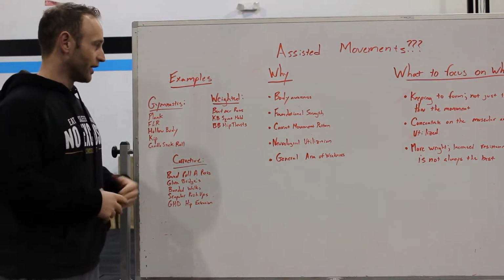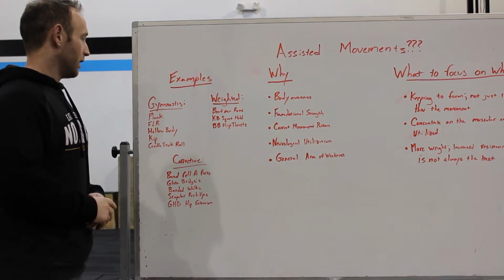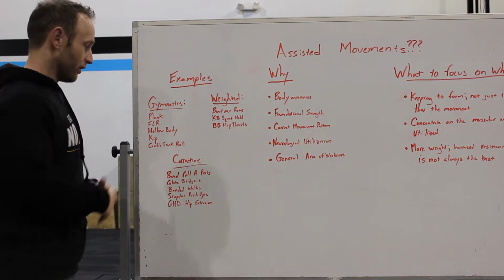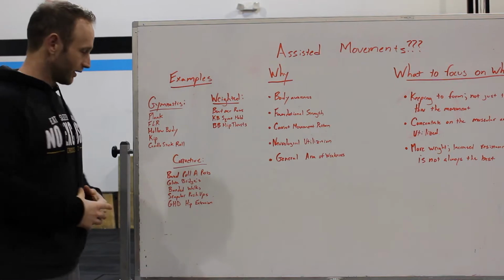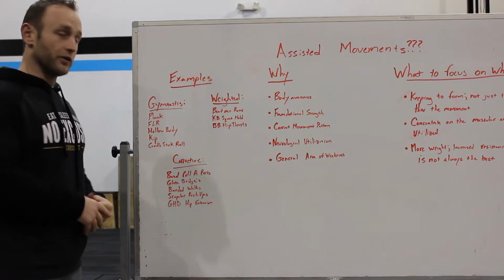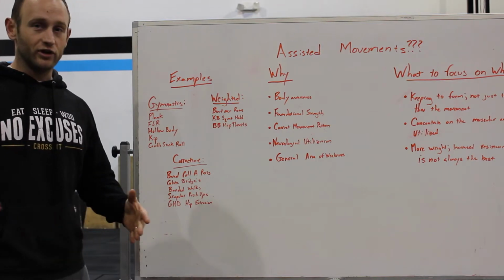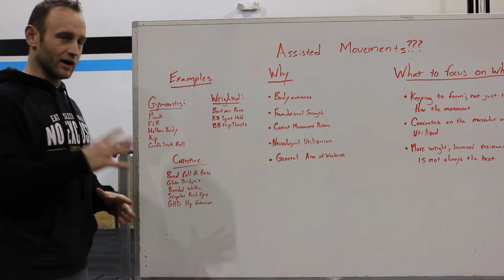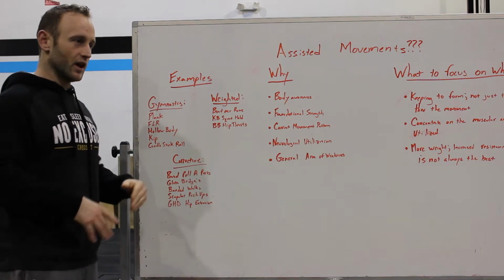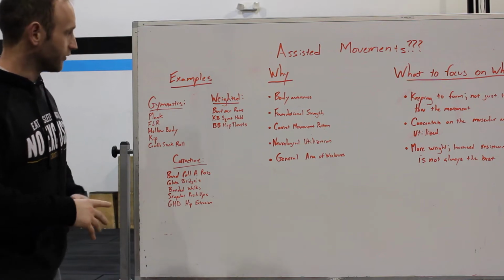There's just a couple, like bent over rows, kettlebell squat holds, barbell hip thrusts. And then corrective movements, and we've been seeing a lot of these, are the band pull aparts, the glute bridges, banded walks, scapular push-ups, GHD hip extensions. So those are the examples of what I classify as assisted movements versus the other major functional movements, like I said, a squat or deadlift.